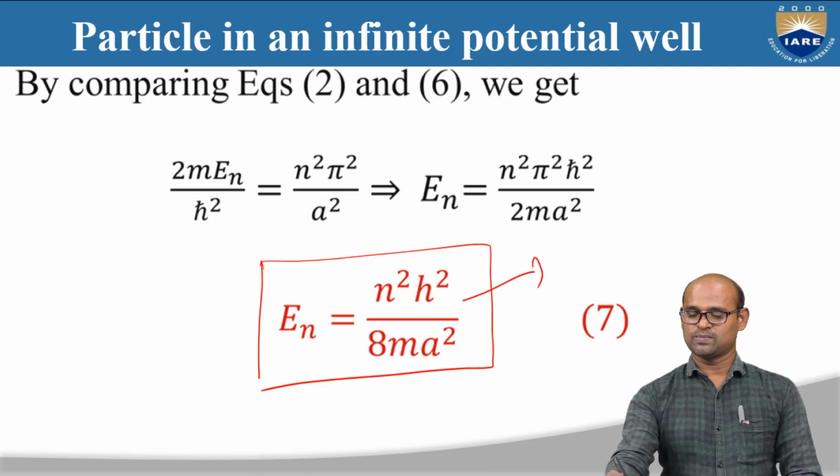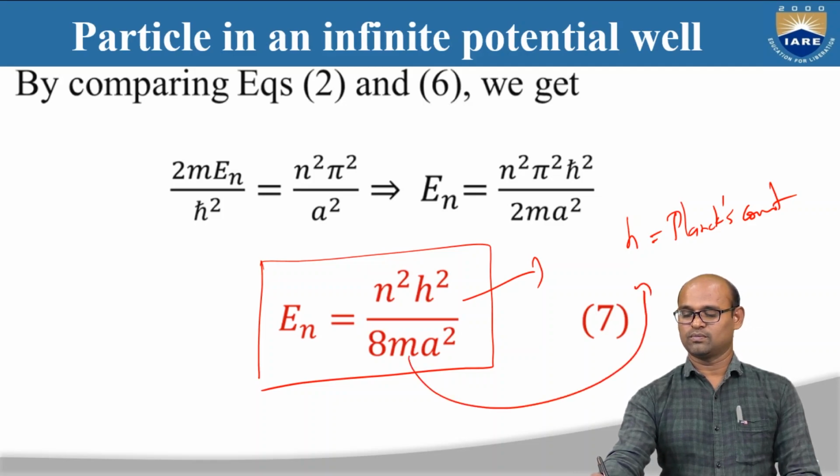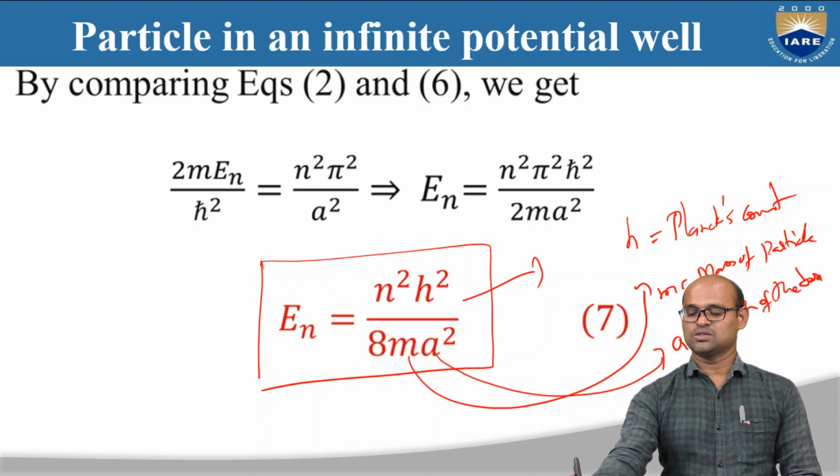Here h is Planck's constant, m is the mass of the particle, and a is the length of the box which we consider.